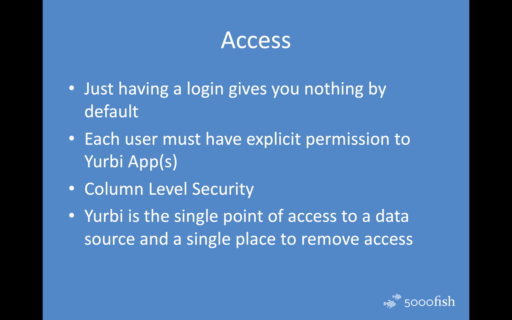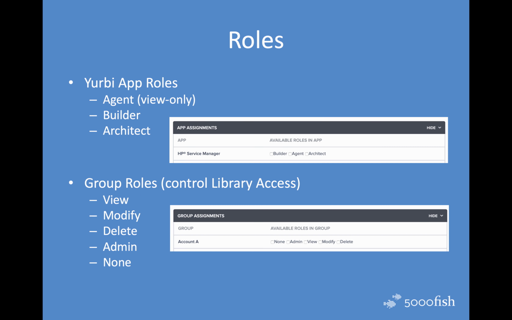So once somebody can log into Yurbi, you say what particular data sources they have permission to talk to. The next level is role based. So let's say in the concept of an app, you've given them permission to talk to an app, but the next level of security is, well, what can they do with that app or that data source?